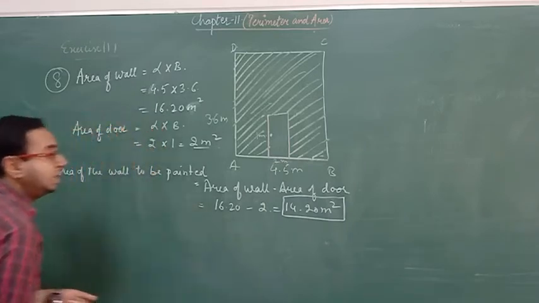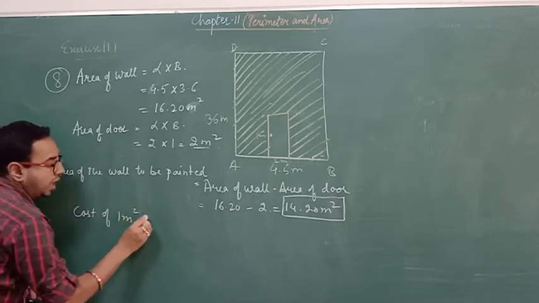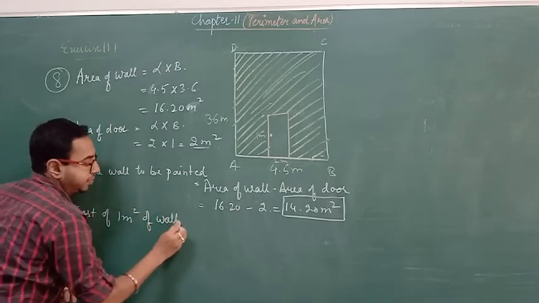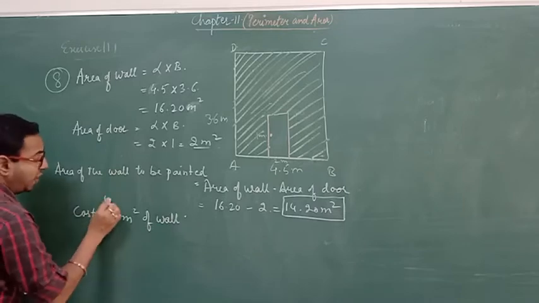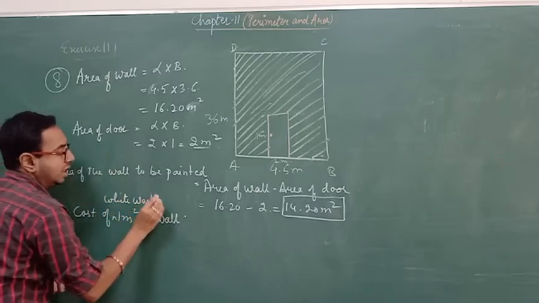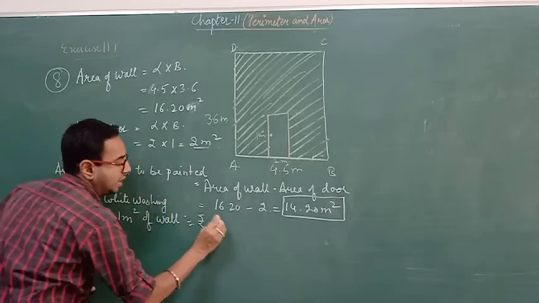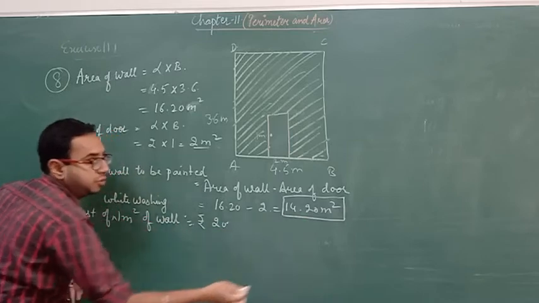Are you clear? Now, cost. Cost of whitewashing 1 meter square of wall is equal to rupees 20. So, what will be the cost by the unitary method?